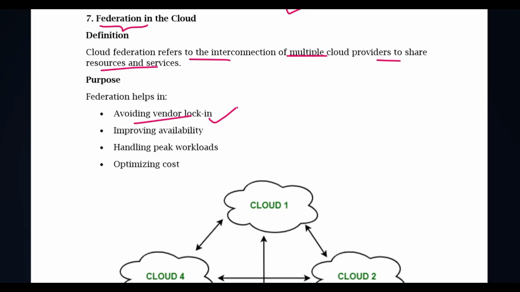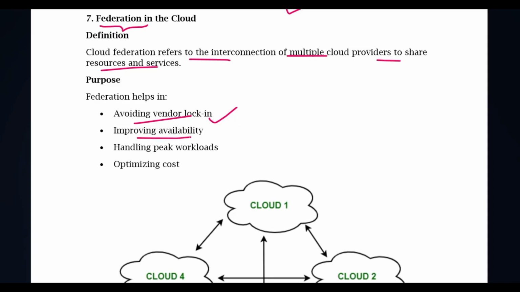Microsoft Azure does not have the information you have stored in AWS, and does not know what kind of information you have stored there. So I am locked inside AWS at that point in time. If there is a federation between different cloud providers, it will help me avoid that kind of vendor lock-in. I hope I am able to make sense.